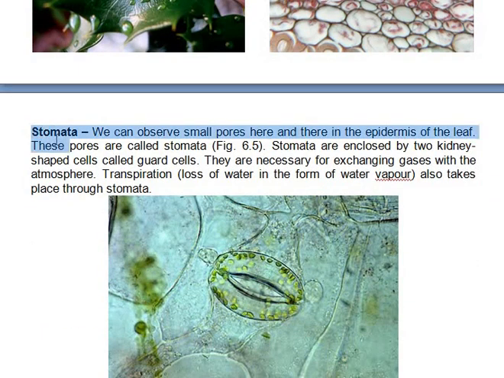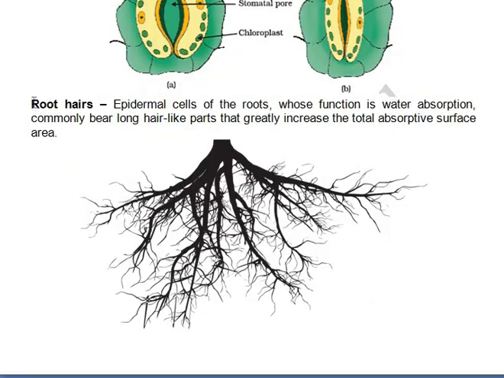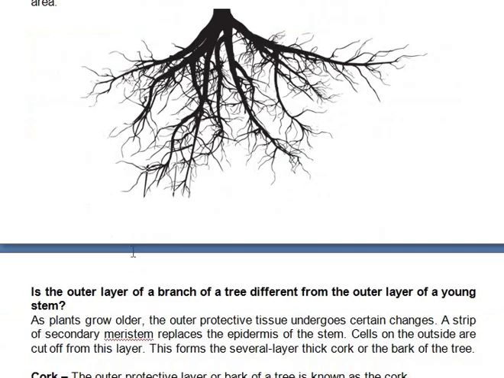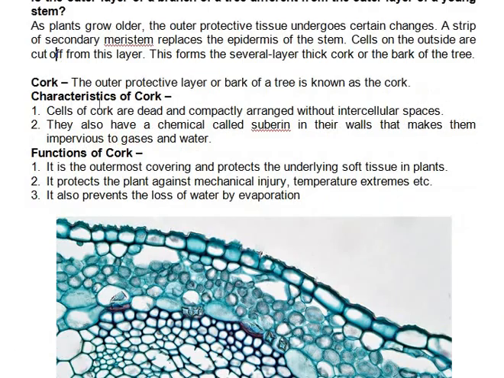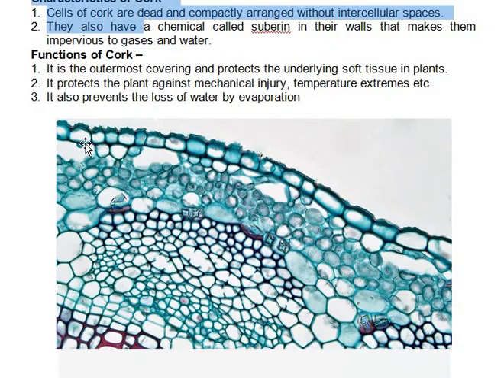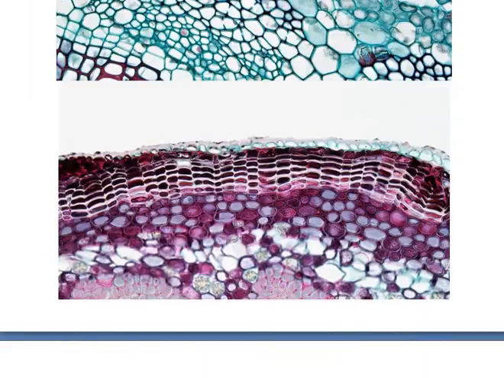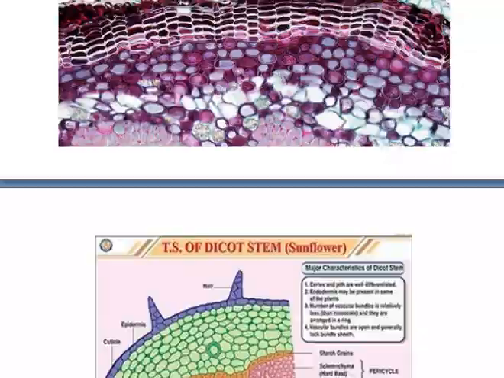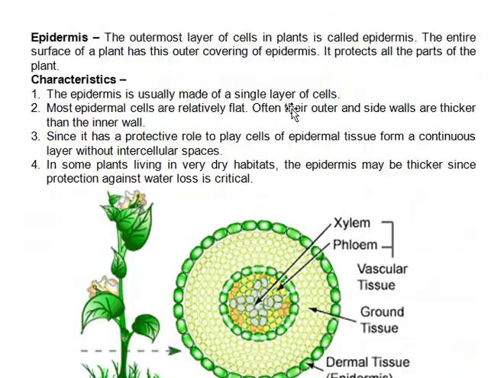Then the stomata, which are the modified epidermal cells meant for gaseous exchange. Then root hairs, again modified epidermal cells for the absorption of water and minerals from the soil. Then cork for protection, which is again the modified epidermis. So these are all the topics which we are going to discuss today in my lecture.